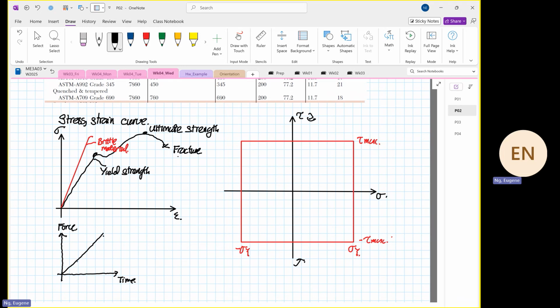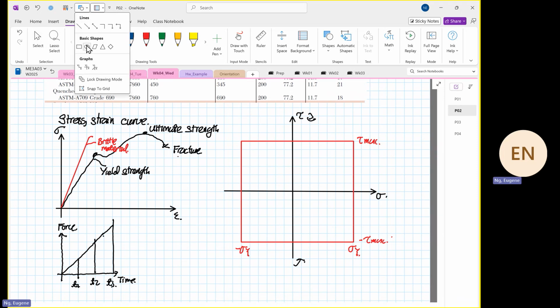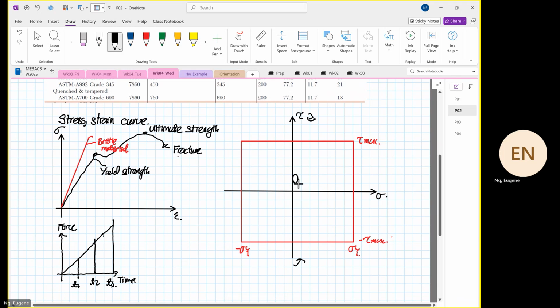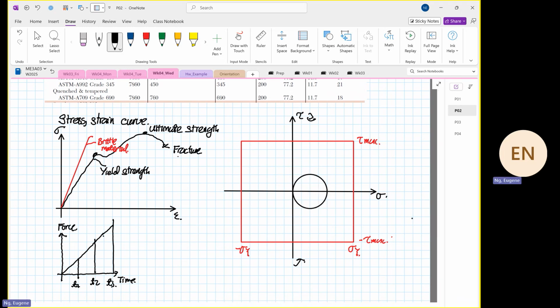This is time 1, T1. Over here is T2, and over here is T3. When we are at T1, the Mohr circle looks like this. This circle is at T1.